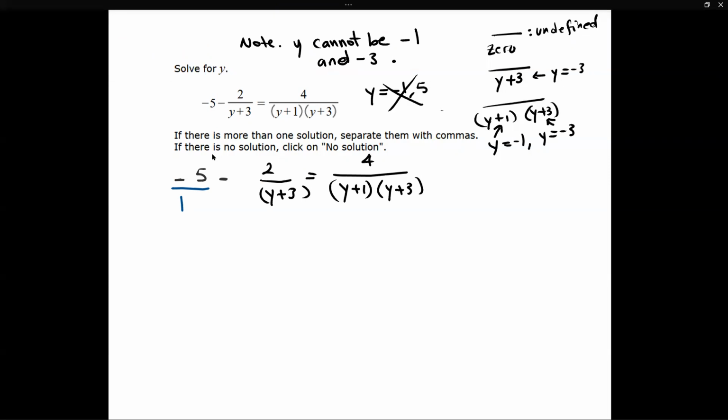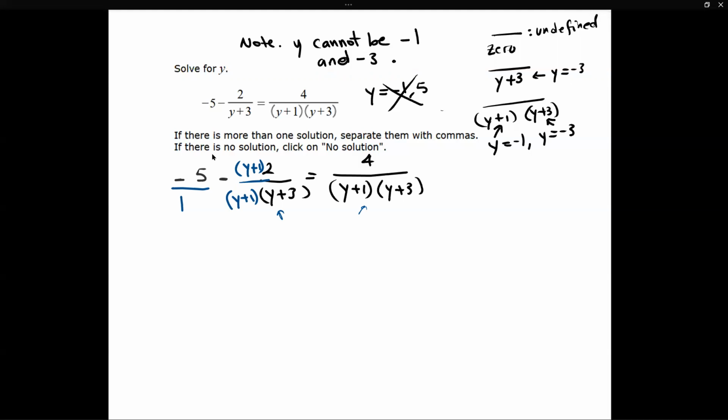If you look at the right side, you have y plus 1 and y plus 3. On the left side, you have y plus 3. So if we have y plus 1 here, which means multiply up and down by y plus 1, we're going to have the same denominator here and here. And this one has only 1.